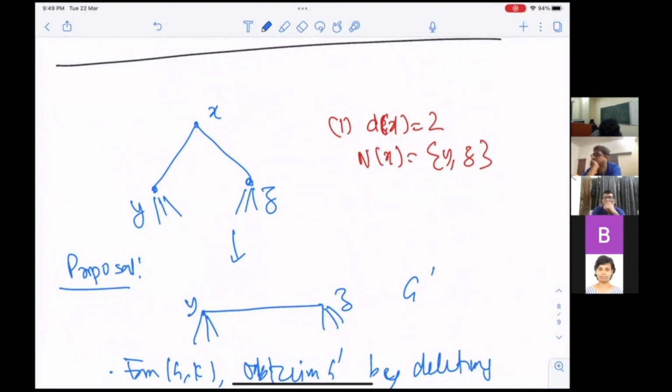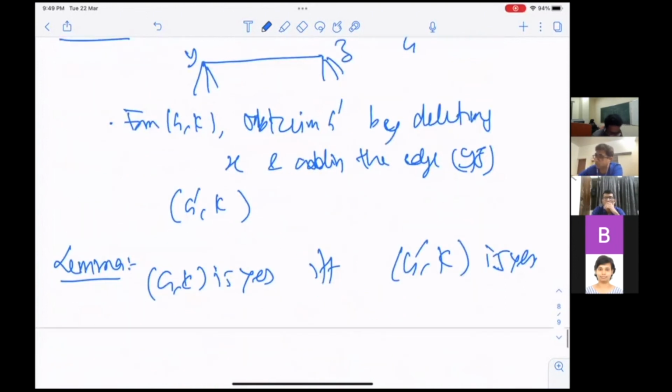The degree of y and z can be 1 also? You can assume that it's not, because otherwise you would have applied the degree 1 reduction rule earlier. So you can believe that there is no degree 0 vertex and no degree 1 vertex; the graph has minimum degree at least 2, for example.